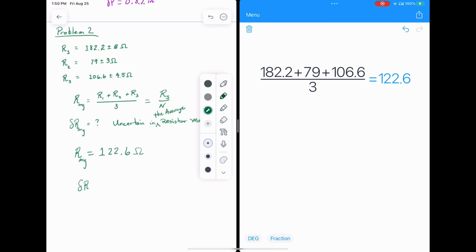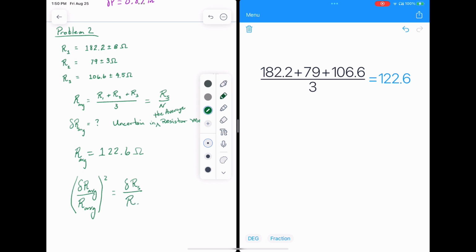And let's find this uncertainty. We're pretty much following the same methods that are found in the lab manual. You'll see that this is going to be squared. And because we have a sum over a number, we're going to have a particular kind of equation, again following what's in the lab manual.